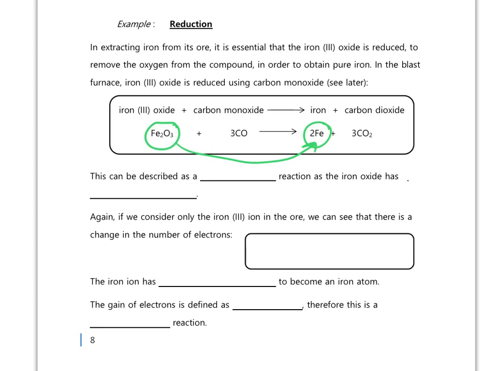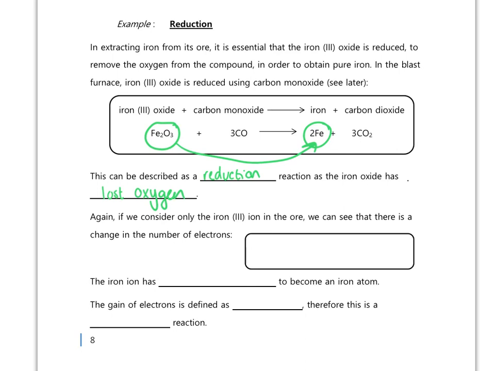So iron oxide is losing oxygen to become pure iron. What is the loss of oxygen? It is reduction. So in terms of oxygen, this can be described as a reduction reaction, as the iron oxide has lost oxygen.